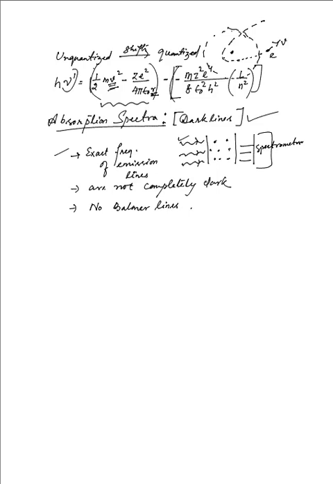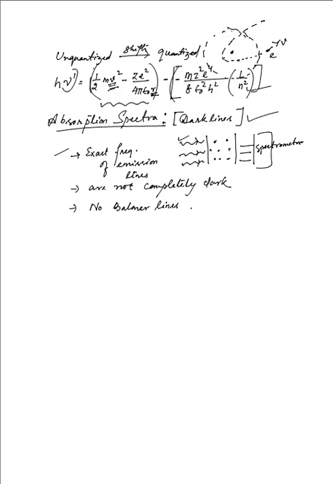Because the difference between the energy levels is specific, as we have obtained in Bohr's model, because the energy levels vary as 1 by n square, they are discrete levels of energy.